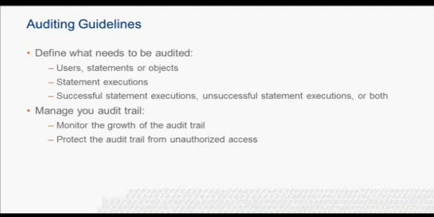Second, audit knowledgeably. Audit the minimum number of statements, users, or objects required to get the targeted information. This prevents unnecessary audit information from cluttering the meaningful information and consuming valuable space in the system tablespace. Balance: we need to gather sufficient security information with the ability to store and process it.